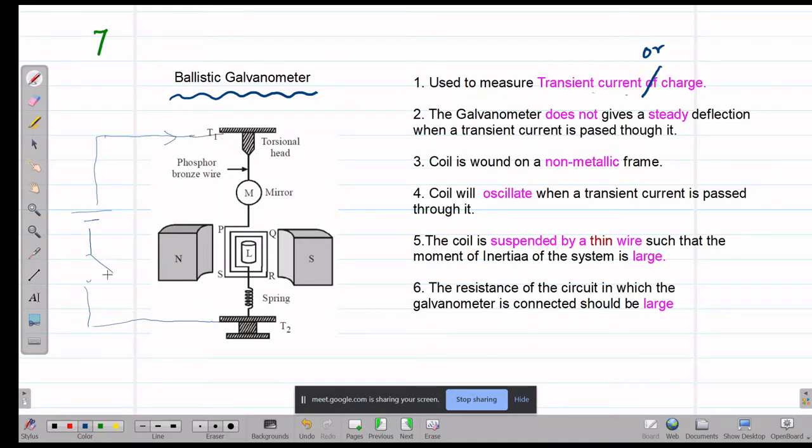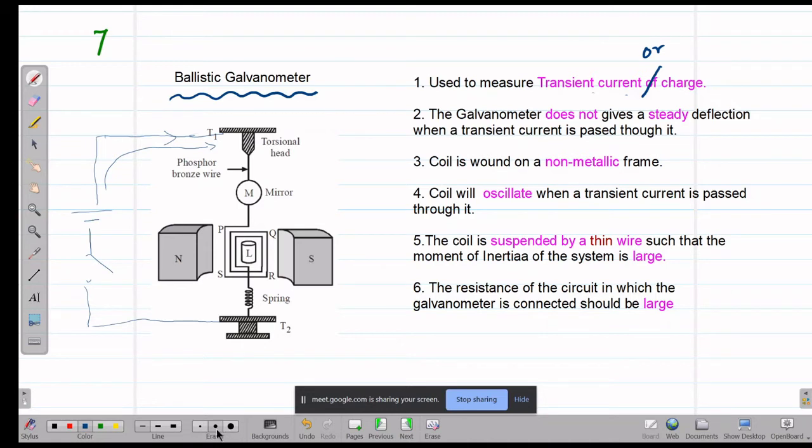If you switch on this key and switch off, just switch it on and switch it off momentarily, then there will be a momentary current that will pass through the coil. That current will be taken into the coil through this torsion head T1. It will flow through the coil, come out to the bottom part through the spring, I will explain that, and then it will come out through the second torsion head T2 and go back into the circuit.